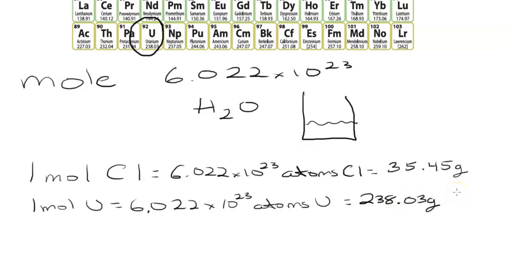Now you can't count out atoms of uranium, but you can weigh uranium. So if you take chunks of uranium and keep putting chunks on the balance, and when the balance gets to 238.03, you know that you literally have in front of you 6.022 times 10 to the 23rd atoms of uranium, which means you're holding a mole of uranium.